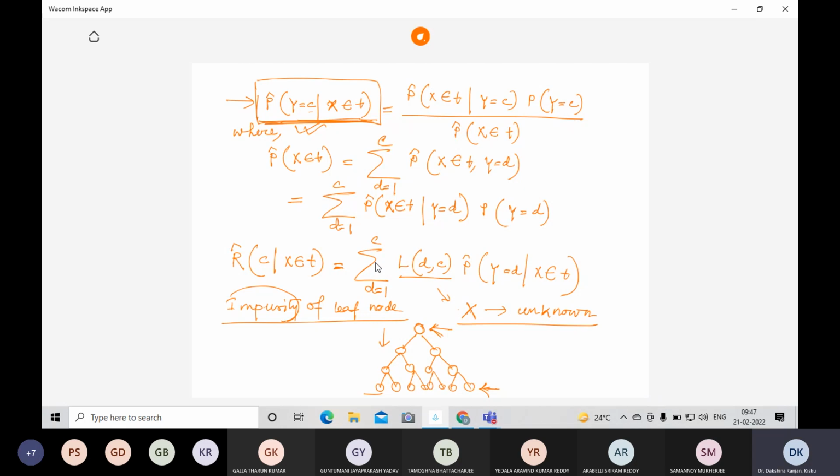Now how to estimate the probability of a leaf node for which the impurity is low, that is, the purity is very high.